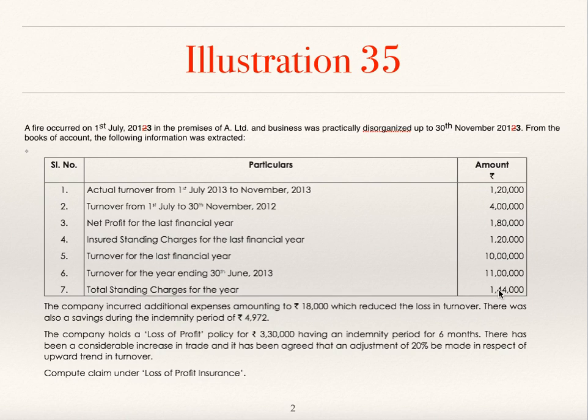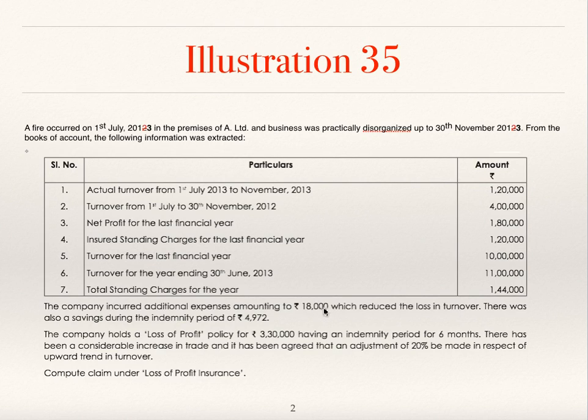Total standing charges for the year are 1,44,000. Insured standing charges are 1,20,000. So 1,44,000 are insured plus uninsured standing charges. The company incurred additional expenses amounting to rupees 18,000, which reduced the loss in turnover.